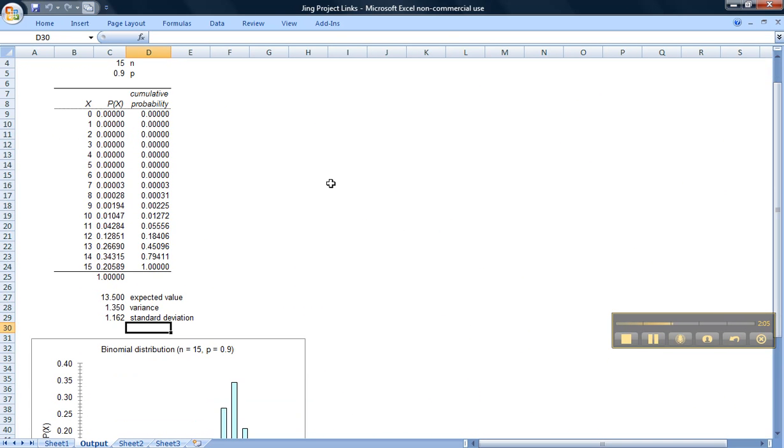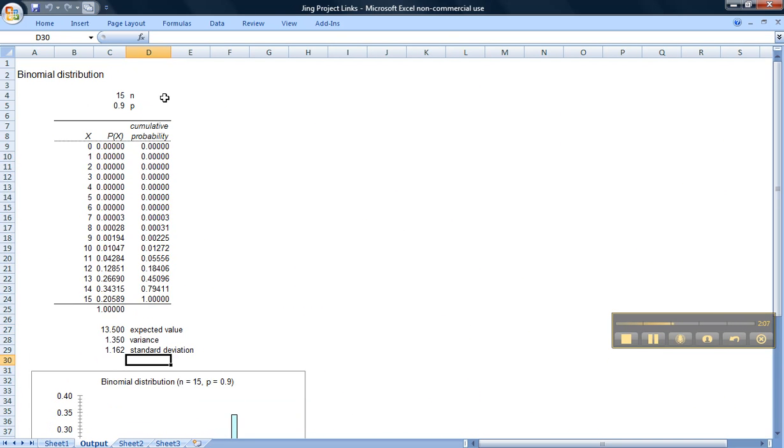Here we have the probability distribution represented, and we need the values for probability x is equal to 9, 10, 11, and 12. We simply need to add those. There's several ways to add them.